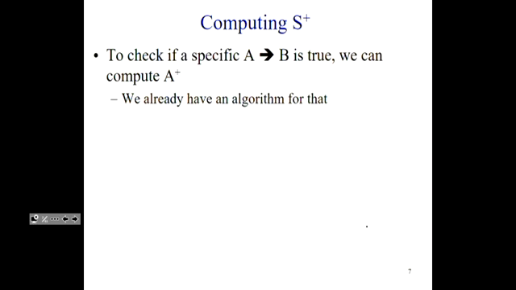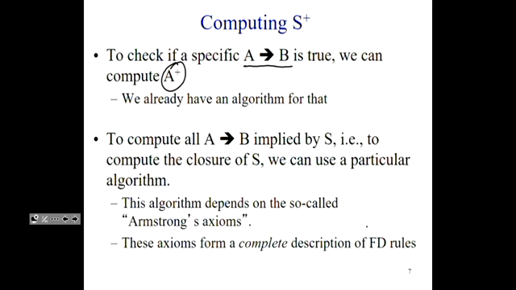To put this in context, if we want to check if a specific functional dependency is true, we have an algorithm for that. We have a way to compute the closure of the left-hand side, so A plus, and then check if B is contained in it. So we have that already.